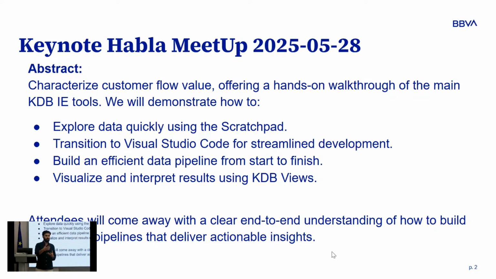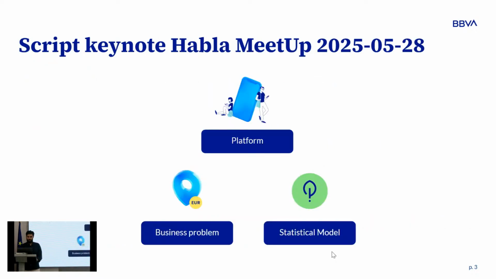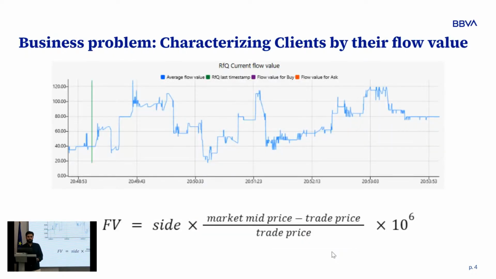And then we are bringing these results, using the KDB views, to the trading desk or to any other team within BBVA. So the idea, as I said, is to explain the three nodes of today's presentation: the platform, KX, the business problem, and the statistical model. I will start with the business model.